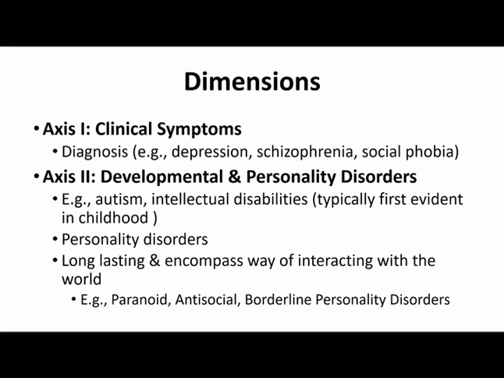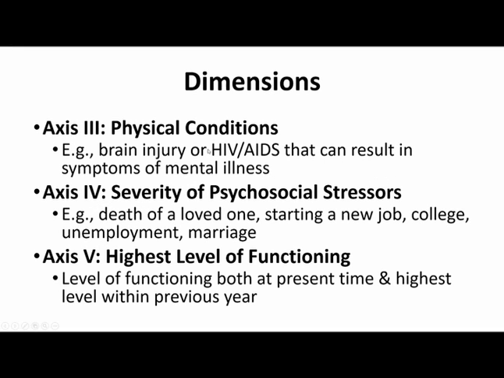So this is an add-on to your clinical symptoms that lead to the big box diagnosis. And then Axis 3 is where you have physical conditions, things that may be contributing to or potentially causing some of your behaviors. So things like if you had a brain injury or HIV/AIDS or any other kind of physical condition that can cause or modulate those symptoms of mental illness.